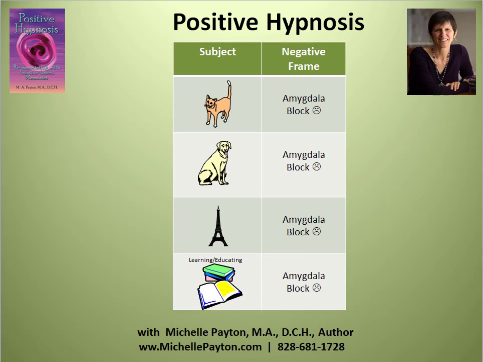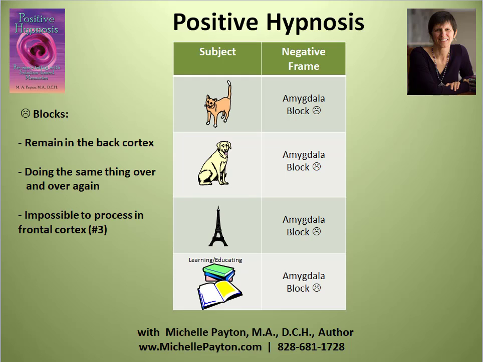But like I said earlier, if the amygdala blocks that because we have a negative frame for a cat, a dog, traveling, or education, then we remain in the back cortex. If we want to revise behavior or replace behavior, then we have to get past that amygdala.